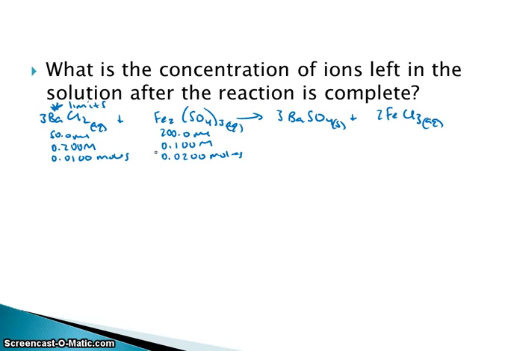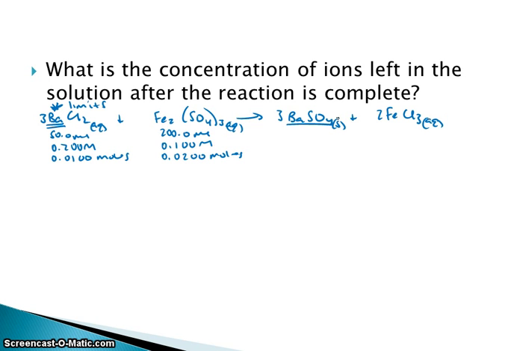What we want to do now is find out what the concentration of all the ions are going to be left in the solution after the reaction is complete. And remember we said that barium chloride was the limiting reactant. But in reality, it's really just the barium ions that are going to limit how much precipitate we can form. The chloride ions are going to stay as ions in solution.